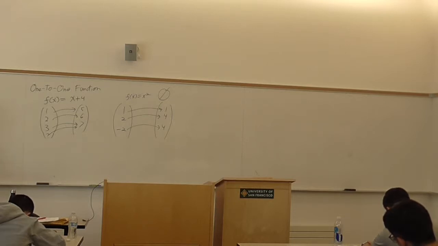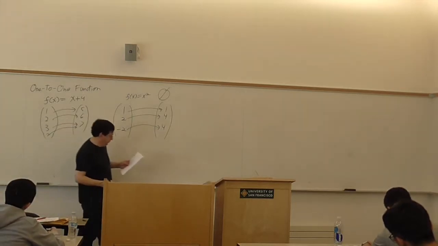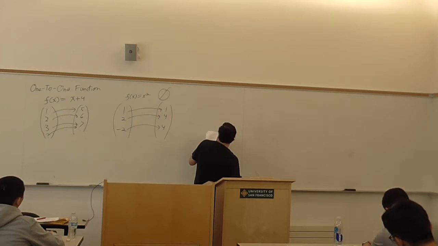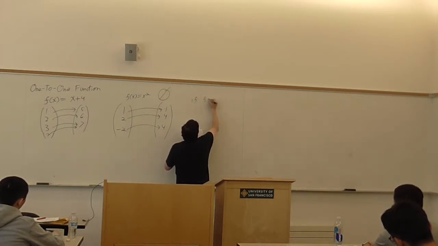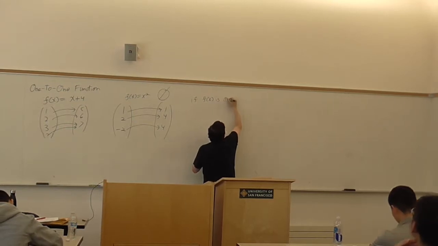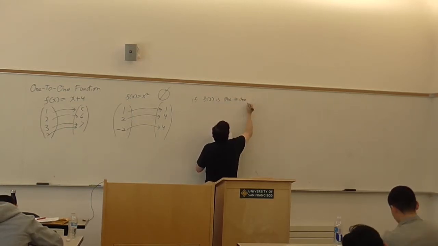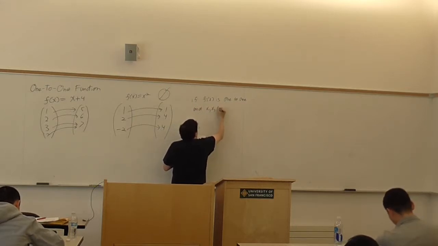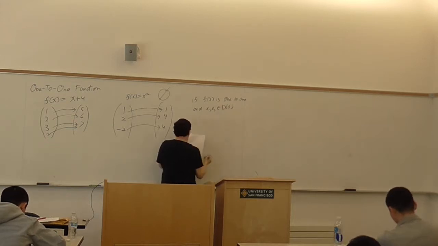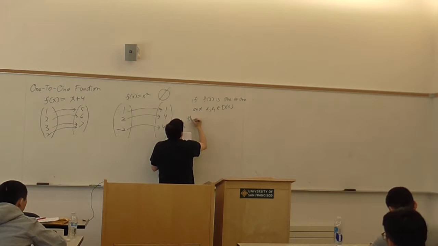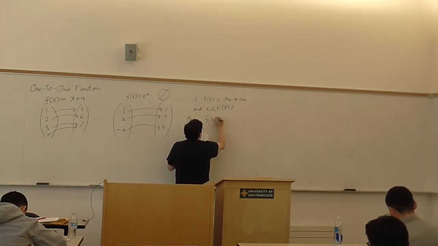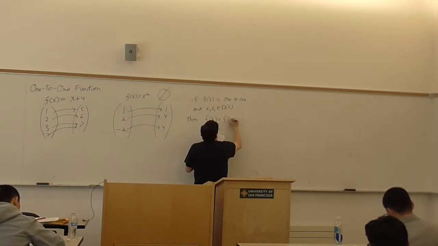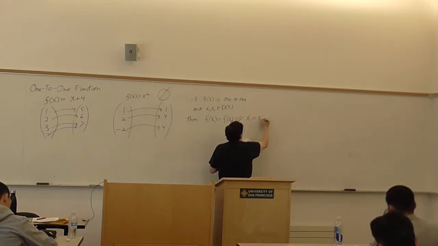Now, we have a very precise way to say this in mathematics. What we can say is, if f of x is one-to-one, and x1 and x2 are members of the domain, then f of x1 equal to f of x2 implies that x1 equals x2.